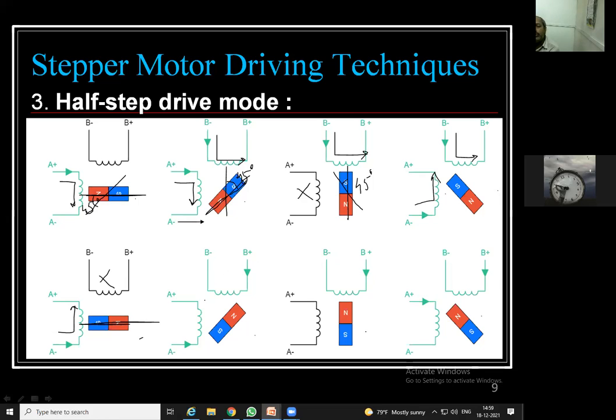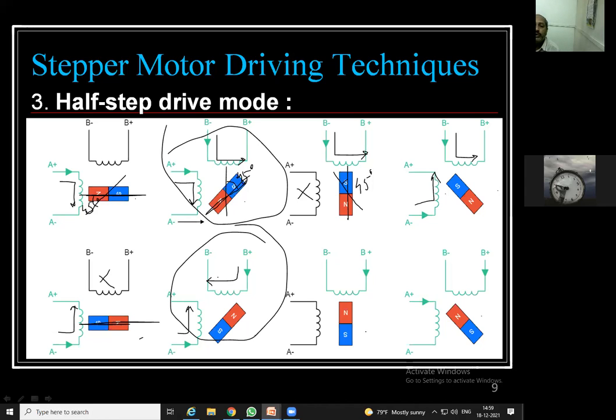Now both the coils are energized, current direction is important, so both are reversed. This diagram and this diagram, both the coils are energized, but the current direction is different, so the opposite is going to work. So it is S over here.